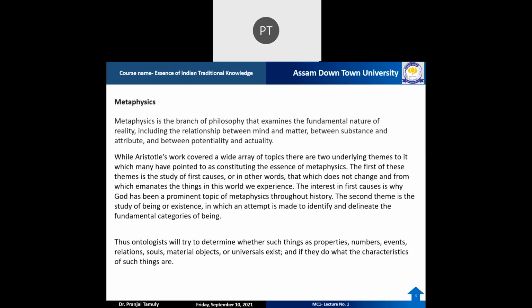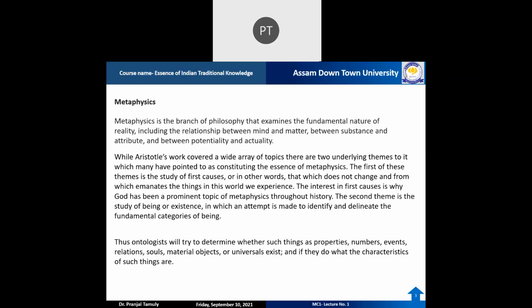Do people have free will? What makes one event cause another? If you see, metaphysics deals with the very abstract nature of our reality. These questions are very abstract in nature, so sometimes even philosophers are confused whether there exists some answer to these questions or not.